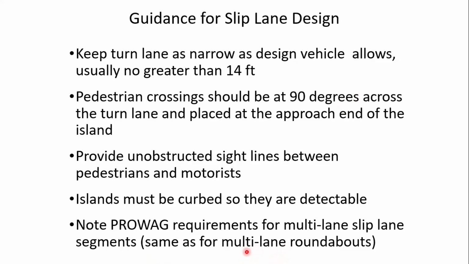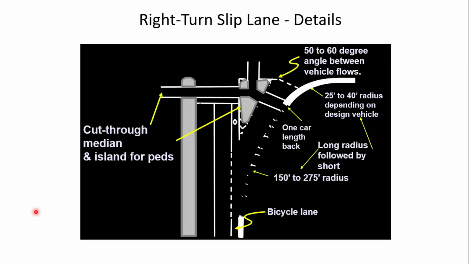And I think I mentioned most of these things. Also note that the PROWAG requirements for multi-lane slip lane segments, which I believe I mentioned yesterday, apply. And they're the same as for multi-lane roundabouts, which we'll talk about shortly.